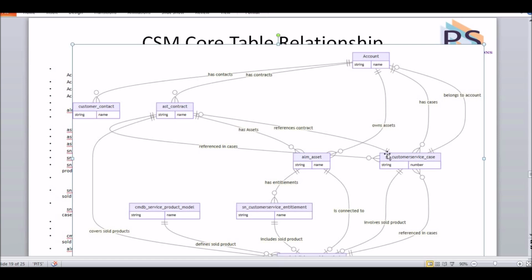So whenever a case is created, okay, what is a case? So in CSM, the issue is logged as a case. In ITSM, any issue is logged as an incident. We have a similar entity in CSM called case.